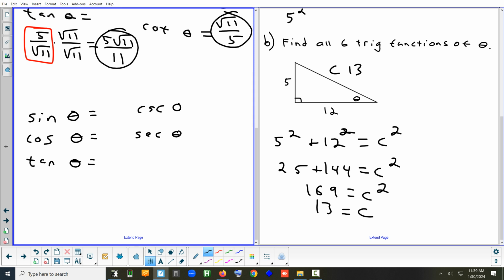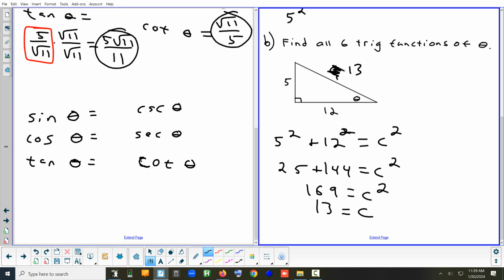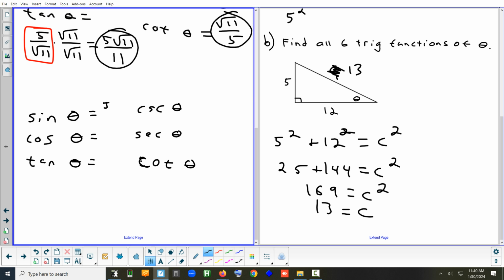What do you think my sine would be? 5 over 13, or is it C13? No, the C is what we solved for, so we don't need that label anymore. It's just because we didn't know it, but now we do. So it's 5 over 13.